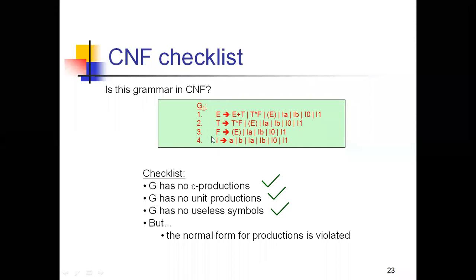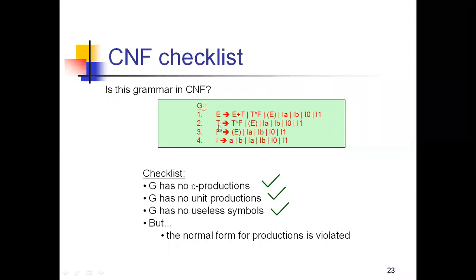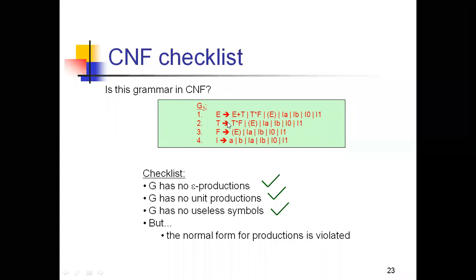You need to check these variables E, T, F, and I. Wherever we have an E, it should derive a terminal. Wherever we have the T, it should generate terminals. Wherever we have the F, it generates terminals. Wherever we have the I, it should generate terminals. So checking E, T, F and I is enough.